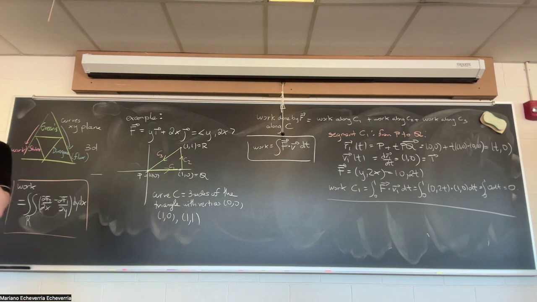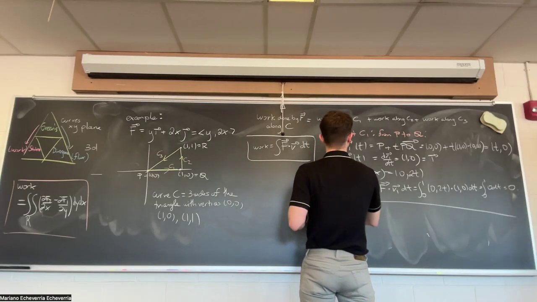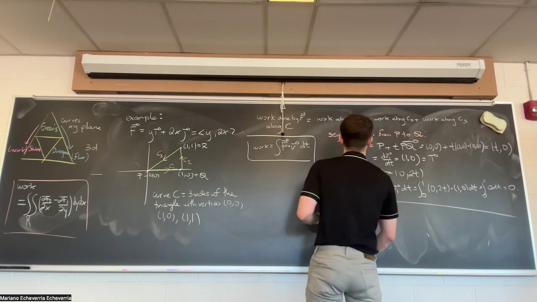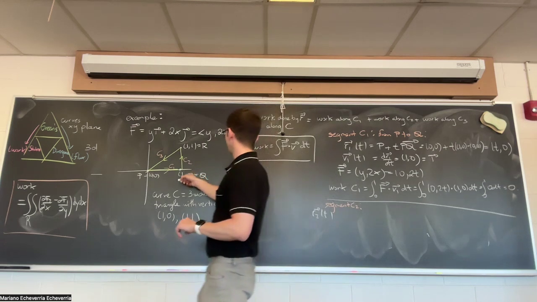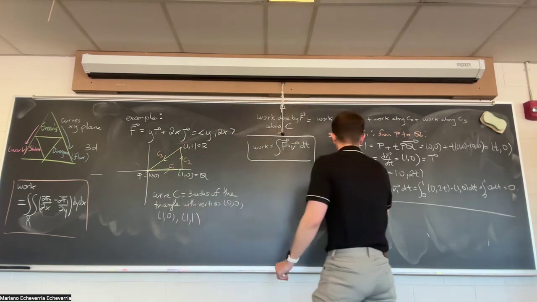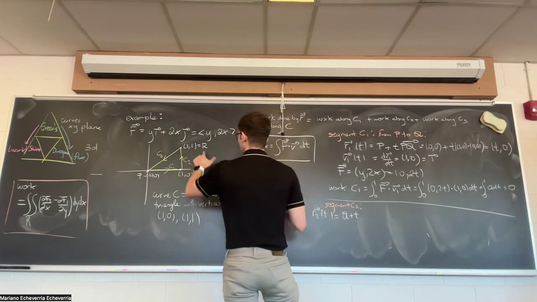Now we have to do that for segments 2 and 3. I'll go a little bit faster on those two because they're exactly the same idea. So let's do segment C2. Now you're going from Q to R, so it should be Q plus t times a vector, but the vector is now QR.